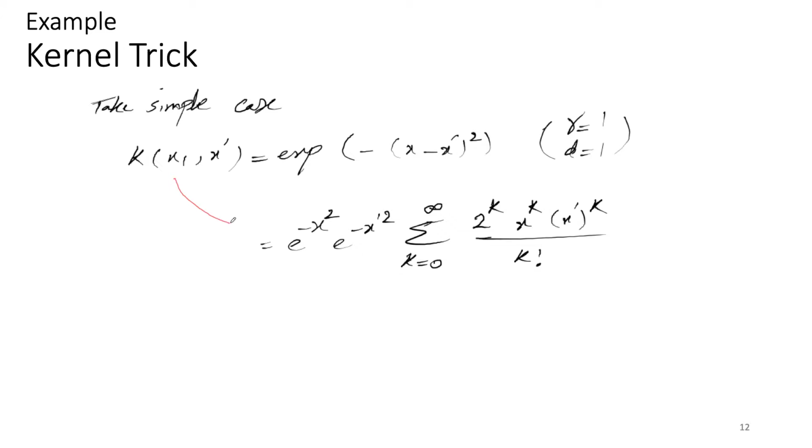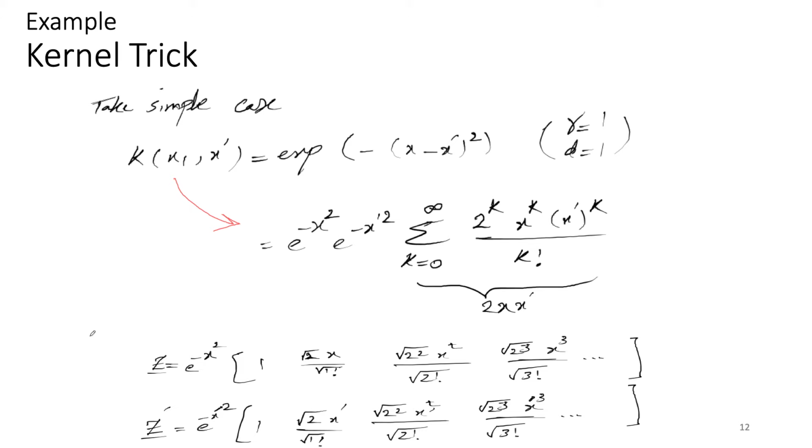That would be equal to computing e minus x squared, e minus x prime squared, and a summation over all the k's from 0 to infinity of 2 to the power k, x to the power k, and x prime to the power k, divided by k factorial. So that's the nonlinear transformation, right, for higher orders.